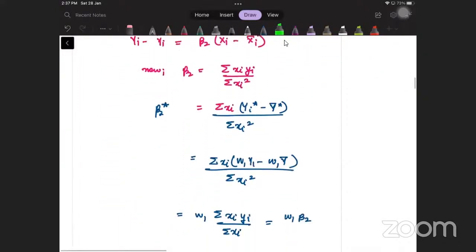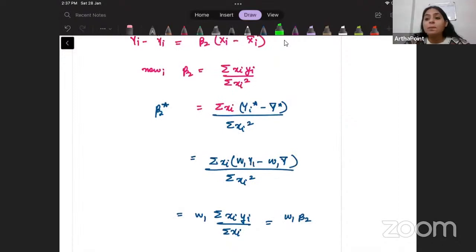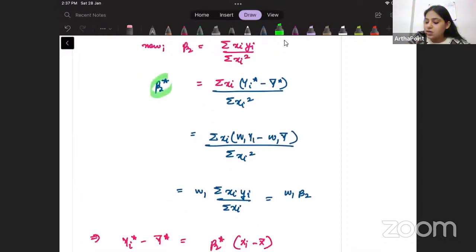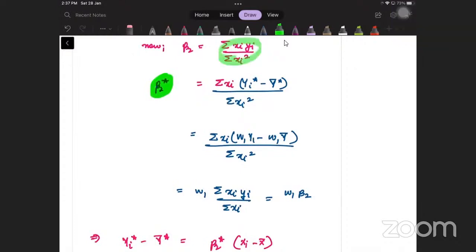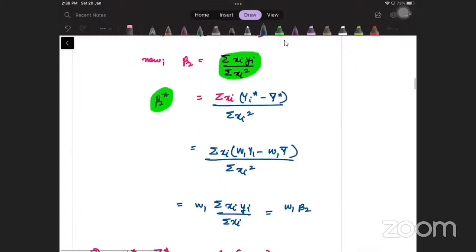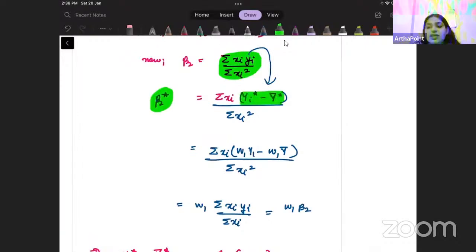But suppose this year they ask you, what about betas? What about variance? Is it invariant of scale? So I have just shown here that beta 2 is summation xi yi by summation xi square. I have just scaled y for now. So instead of y I have written yi star minus y bar star, and this is a scaled version.